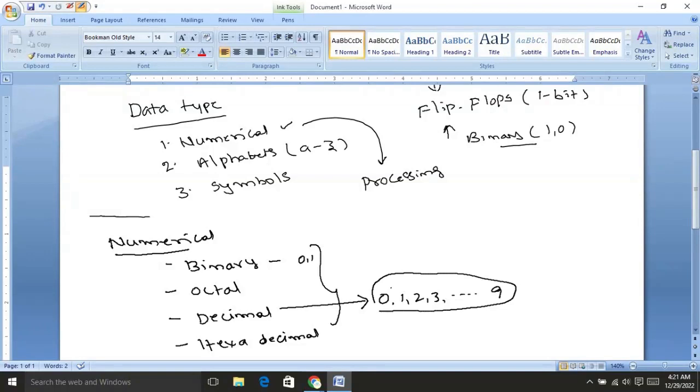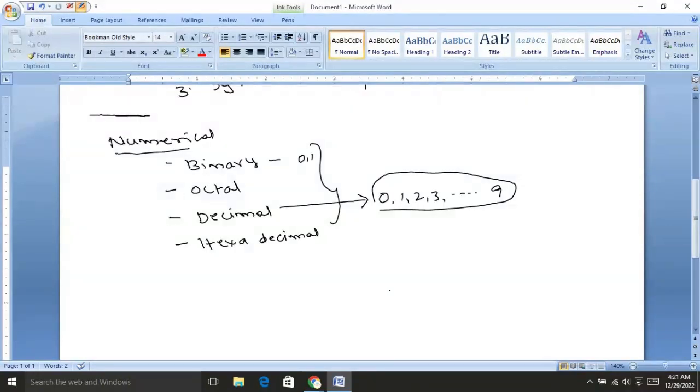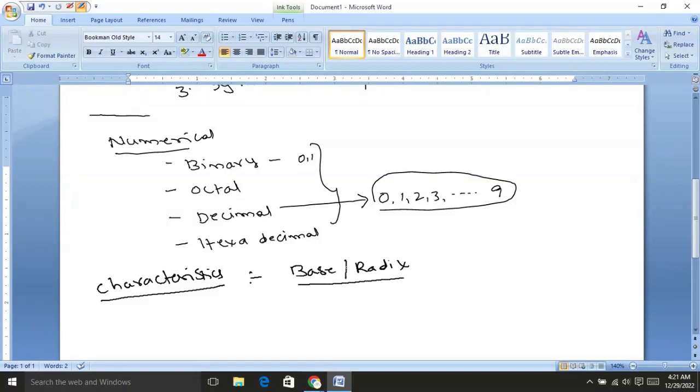To start my discussion about the numerical data representation, I would like to present some characteristics or features of the number systems. The first characteristic is the base or radix. Each and every number system, whether binary, octal, or anything else, has a base or radix.